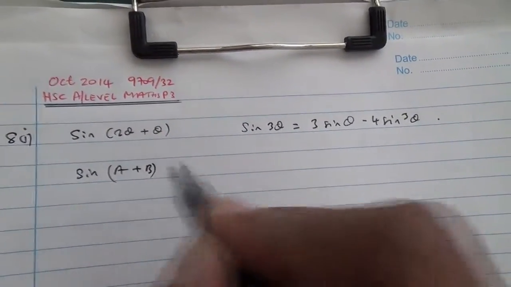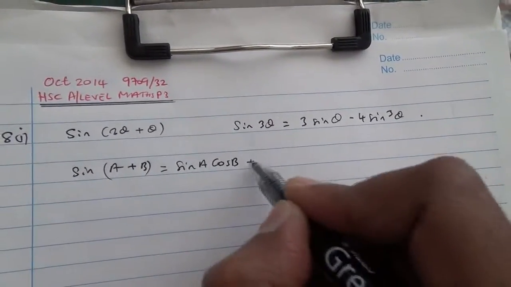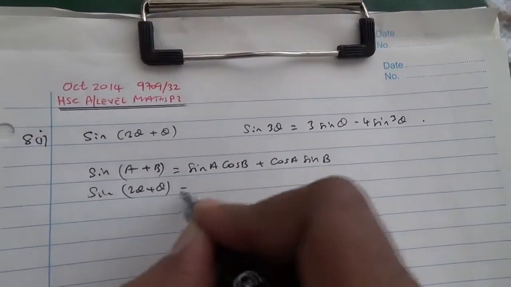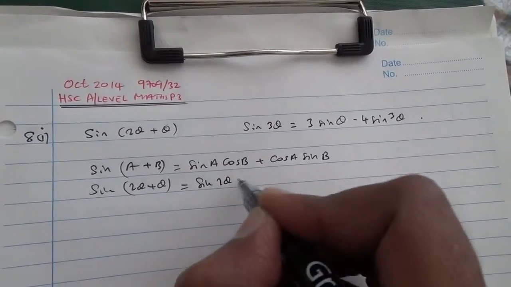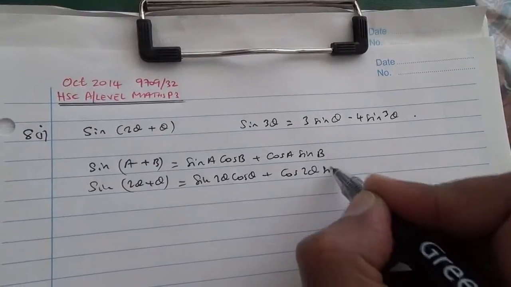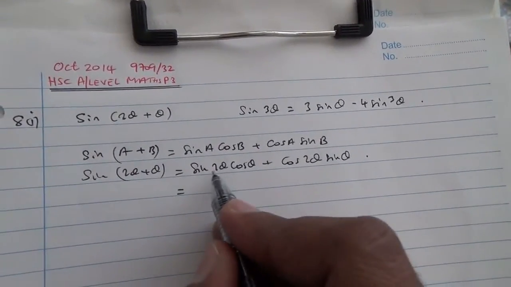That sine of A plus B is equal to sine A cos B plus cos A sine B. Applying this formula, we're going to expand this. Sine of 2 theta plus theta is equal to sine 2 theta cos theta plus cos 2 theta sine theta. What is sine 2 theta?